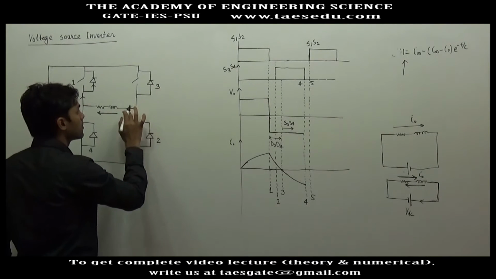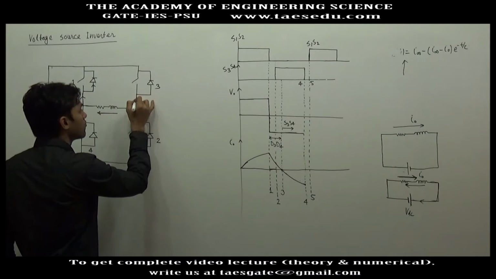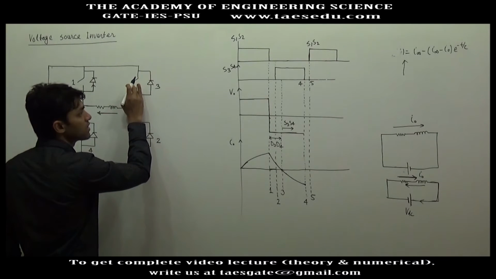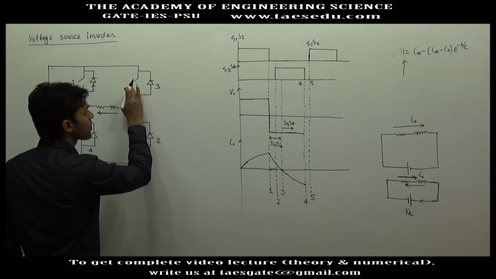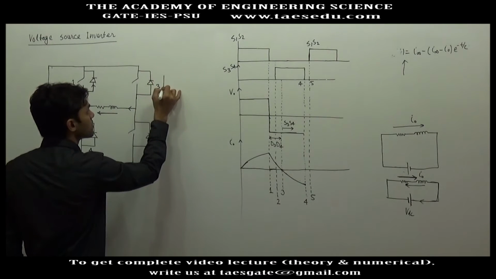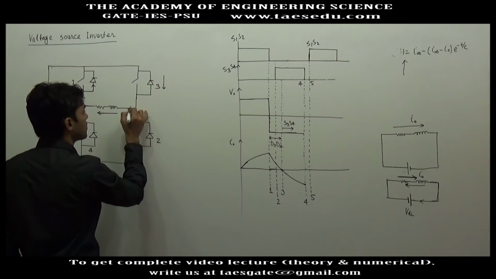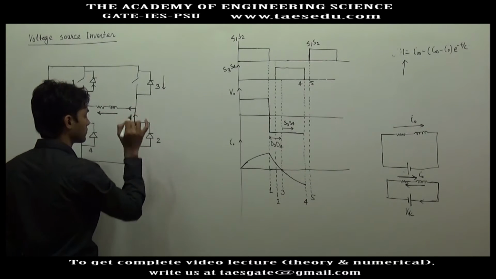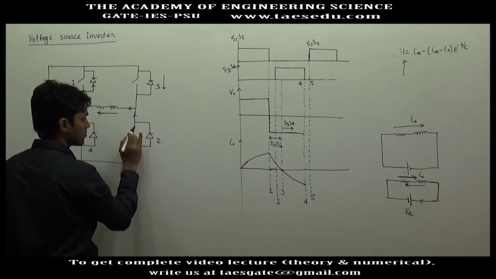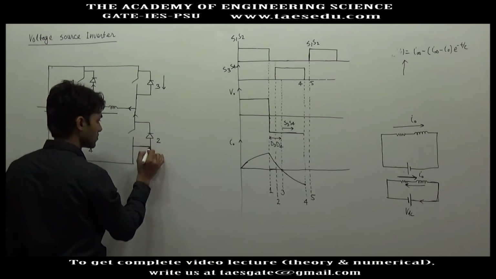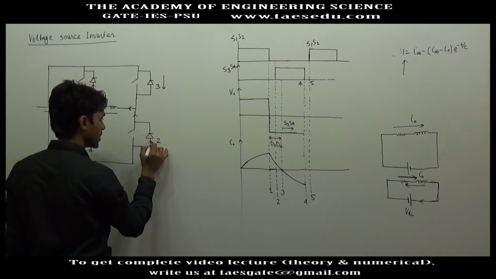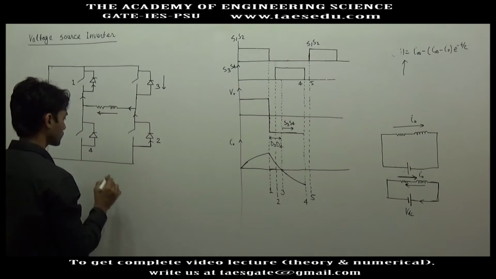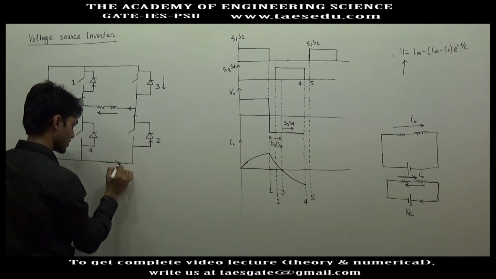Now this current cannot come from the upward direction because this switch S3 is disconnected, and diode cannot support this direction of current. So it has to come from downward direction. Main switch is not conducting, so this will come through diode D2. This will be the direction of current.